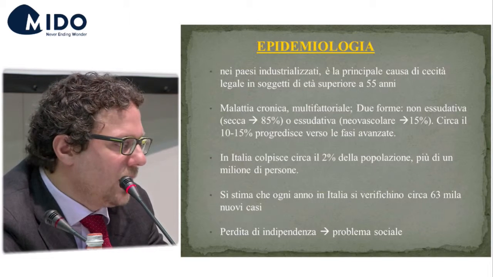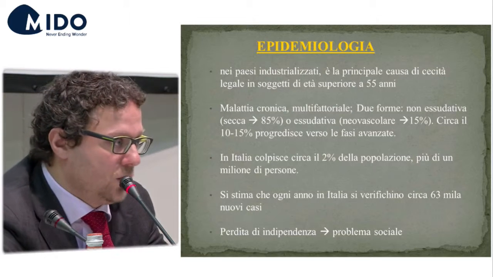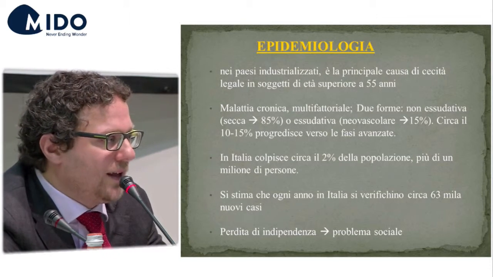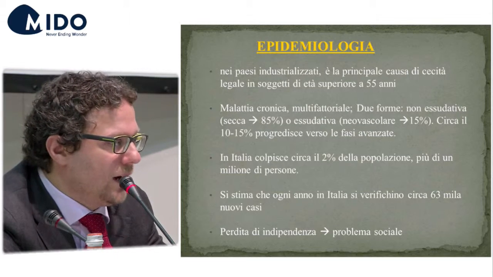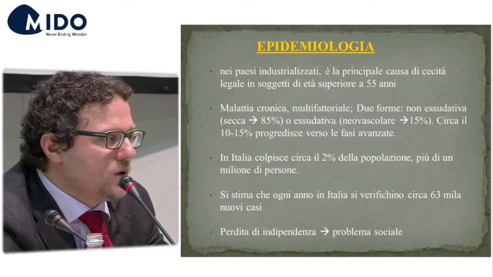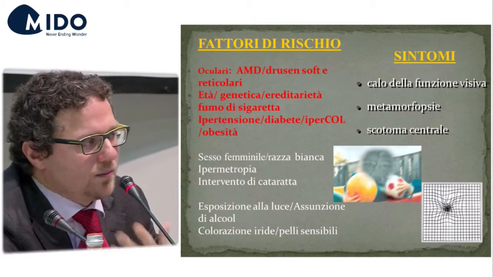In Italy, to give you an idea of statistics, it affects approximately 2% of the population, more than 1 million people. And it leads to a social problem. People are less self-sufficient, and in a way you need to follow them up well.